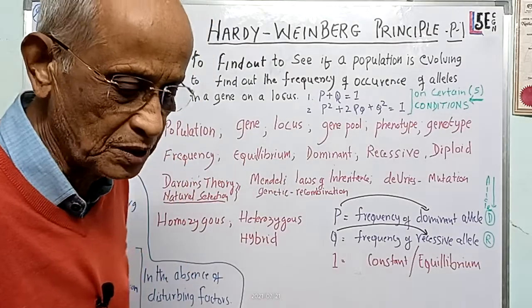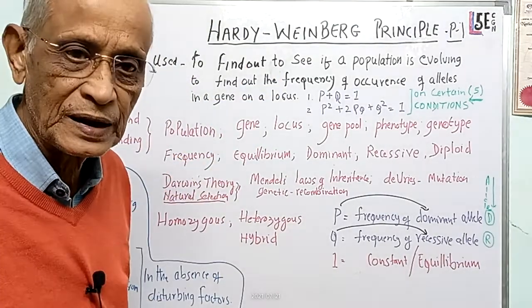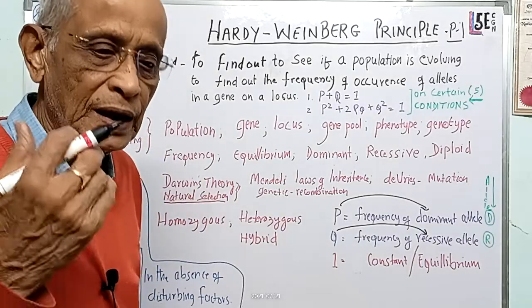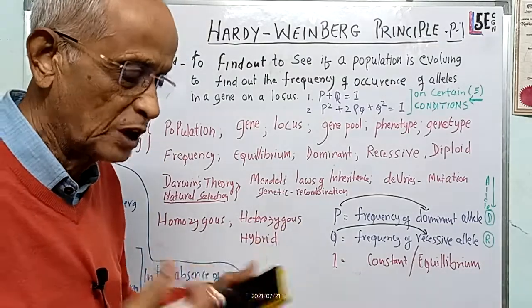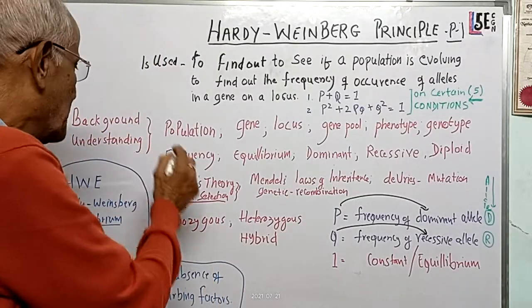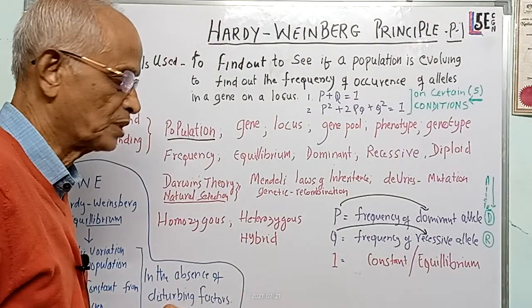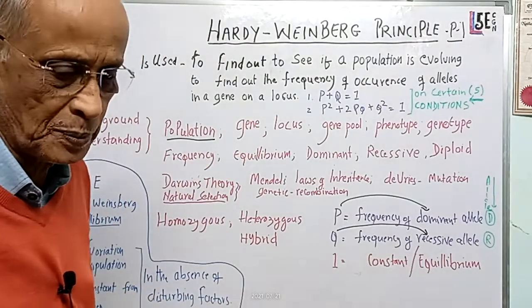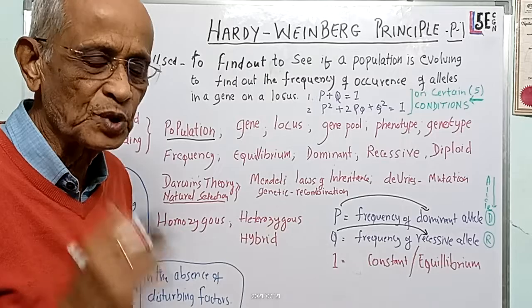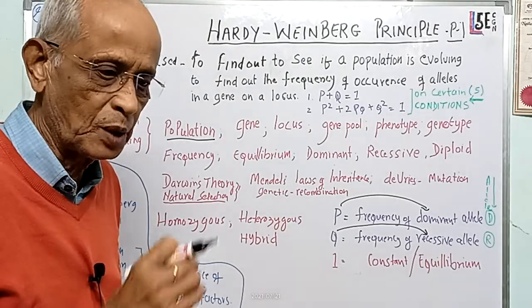So if you want to understand the Hardy-Weinberg principle very clearly, and to explain it purposefully, we must know some background information. You should try to understand what you mean by population. Population, most of us know, but maybe sometimes we will not be in a position to interpret it properly.